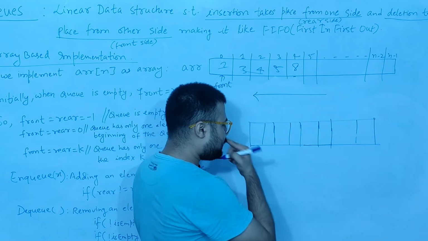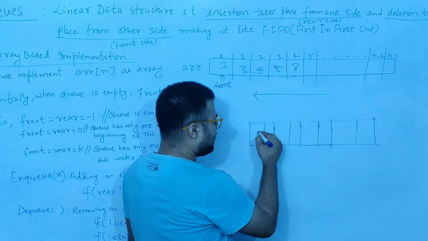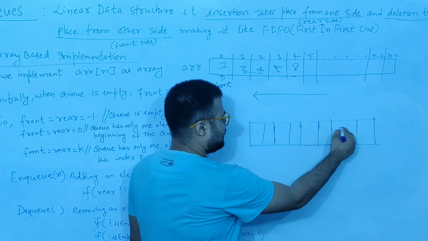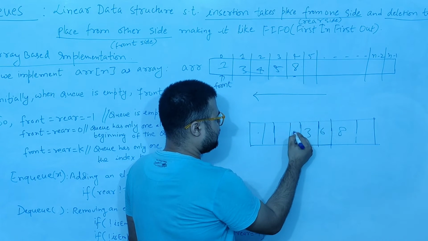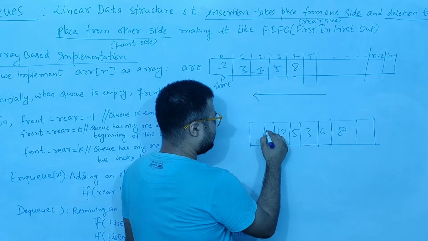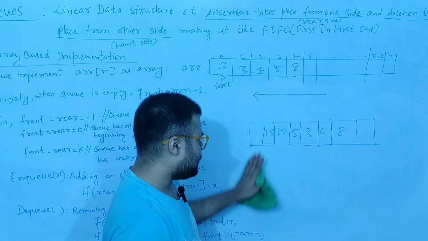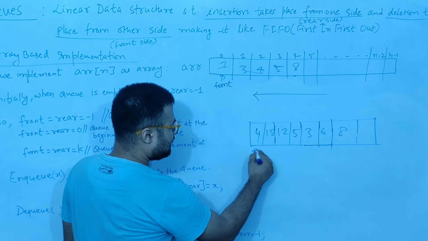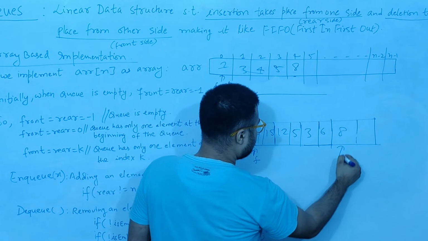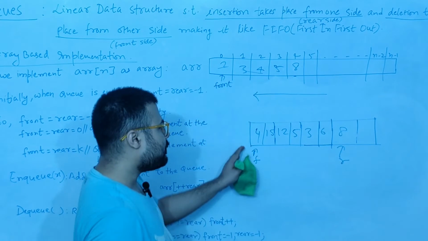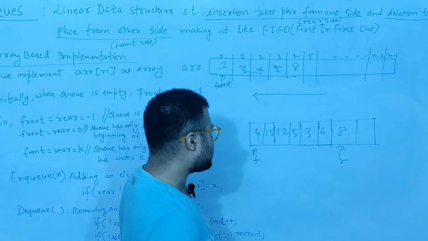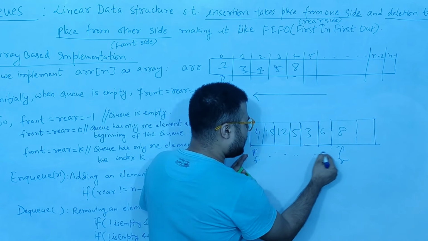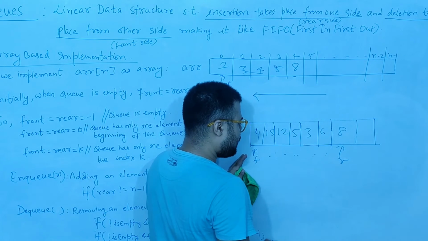You may start adding elements: 8, 6, 3, 5, 12, 15, 4. So your front is here and your rear is here. Now you may delete elements, so your front will increase, will come here, right?